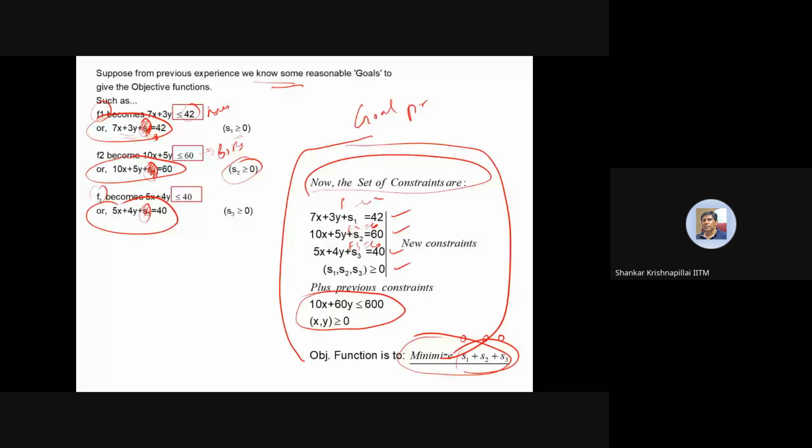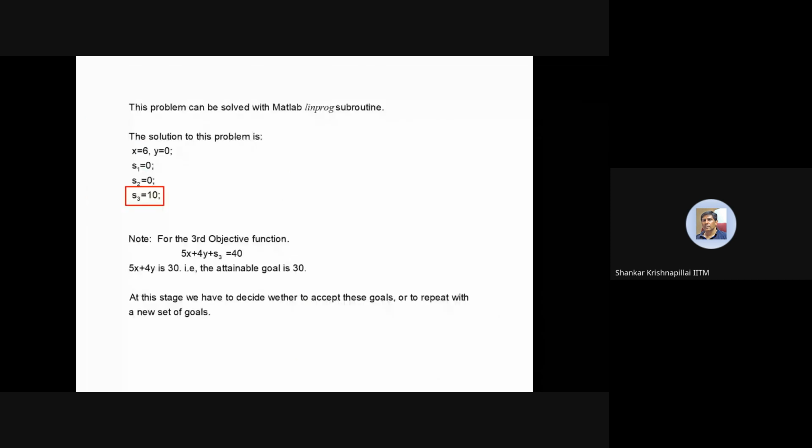Now we can solve this in MATLAB. In MATLAB linprog, the same problem was solved. The answer is that x is equal to 6, y is equal to 0, S1 is equal to 0, S2 is equal to 0, S3 is equal to 10. So the goal for objective function F3 is not attained. For F3, 5x plus 4y plus S3 is equal to 40.